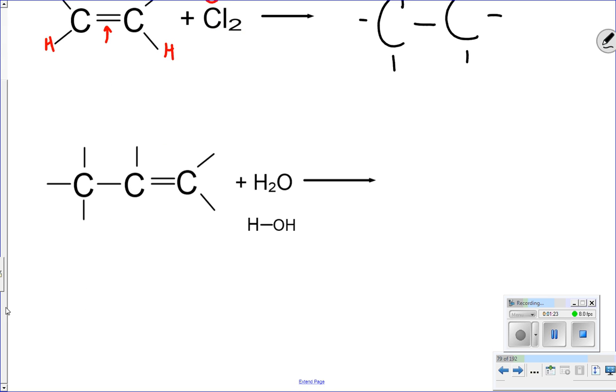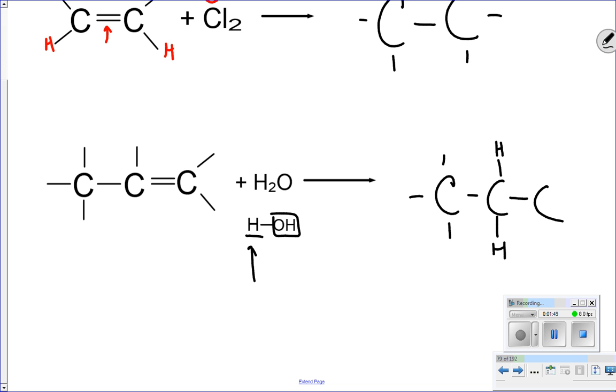If you were adding water to this alkene molecule, 1-propene, or just propene, this really separates itself out into an OH and an H. So your product here would still have your three initial carbons. That first carbon on the left has three hydrogens. Our double bond is gone. Probably this H could end up maybe here. We have our H from before also.